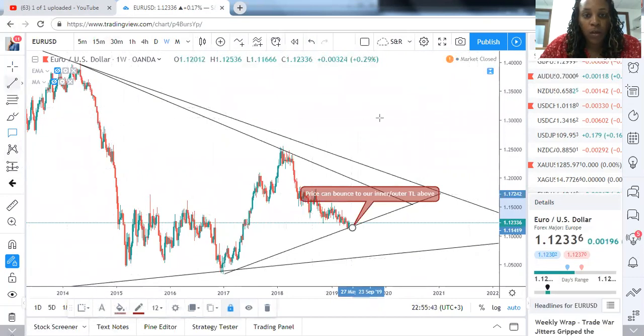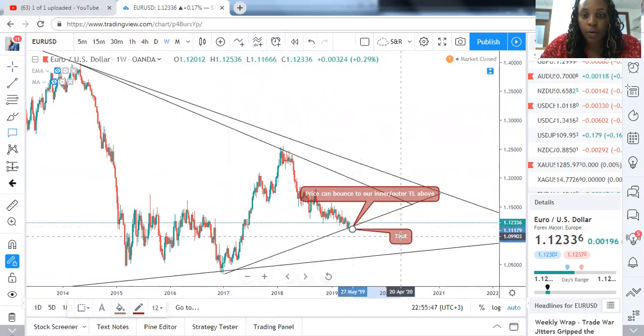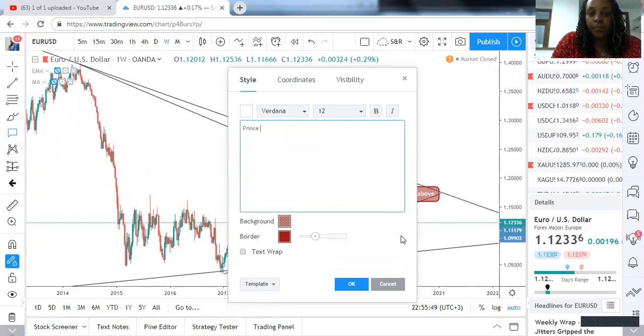Or the next scenario is that price can break and go to our outer trend line.